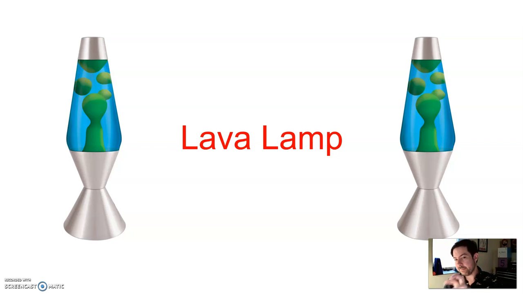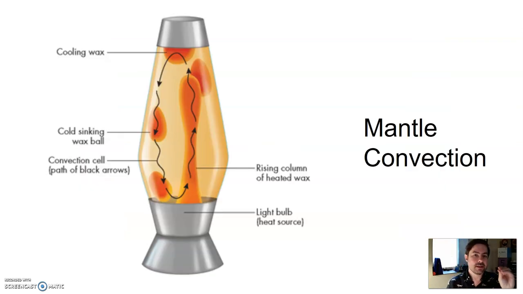So why am I talking about this? Because this is a good example of something called mantle convection. It's the same process as what's going on in the Earth. So use this as a mental model. Again, with a lava lamp, you have some sort of heat source, in this case an old school light bulb, an incandescent light bulb. If this was an LED light bulb, LEDs don't really give off heat like the older filament style light bulbs.